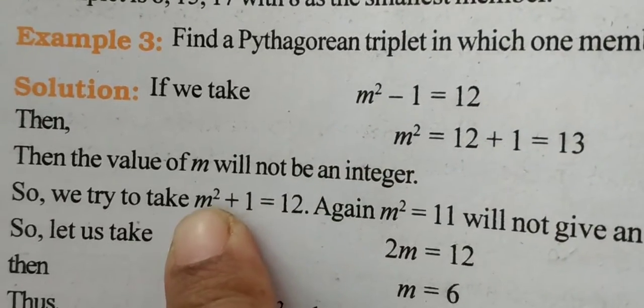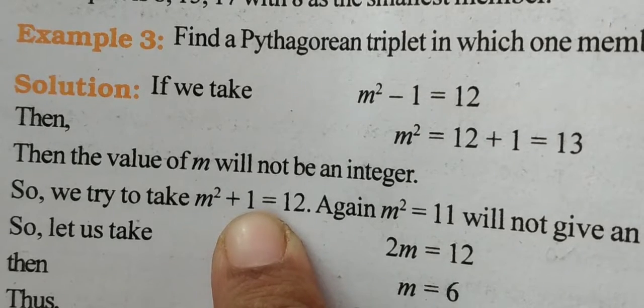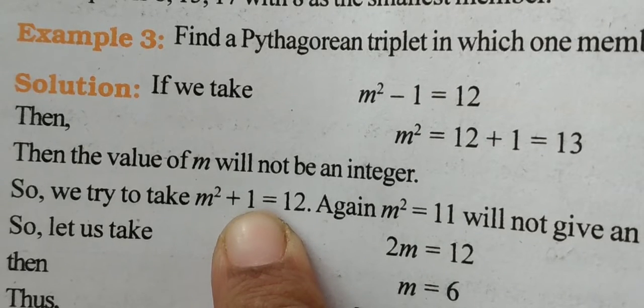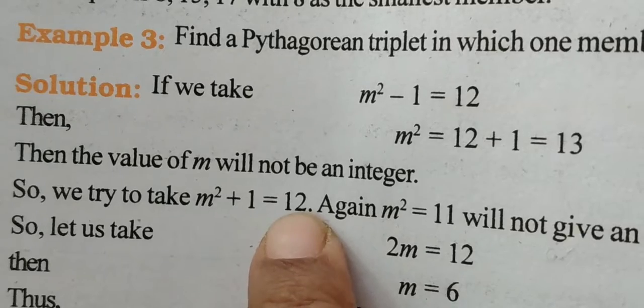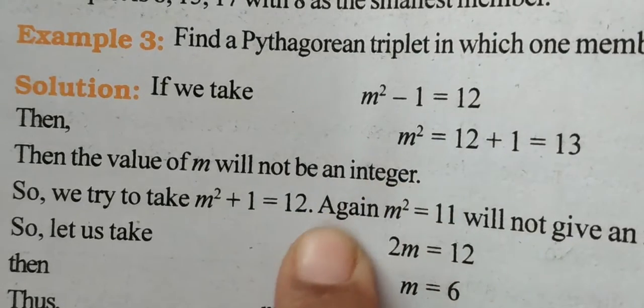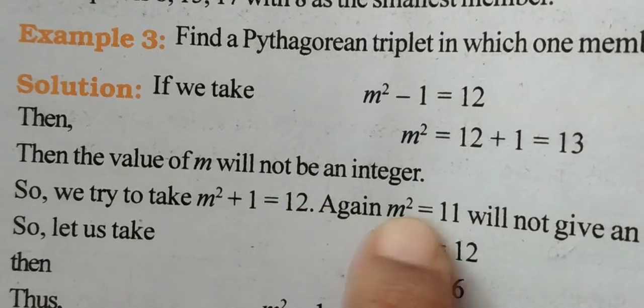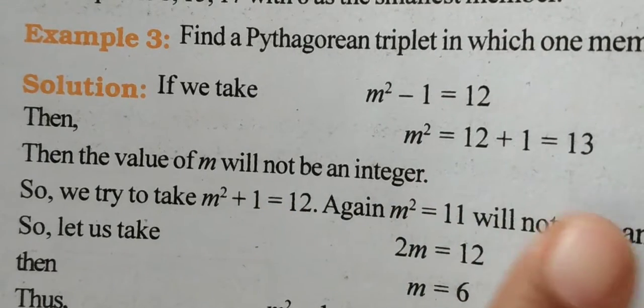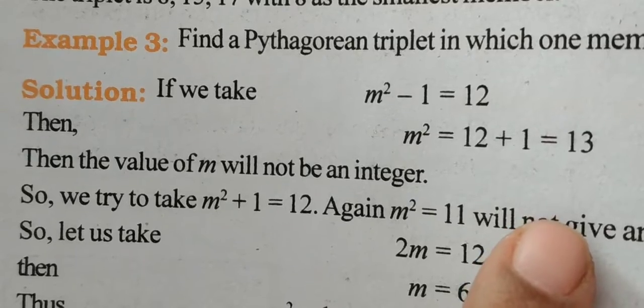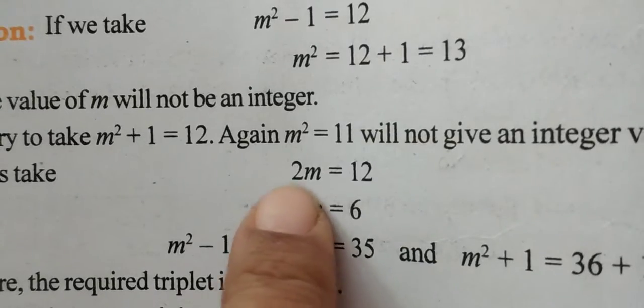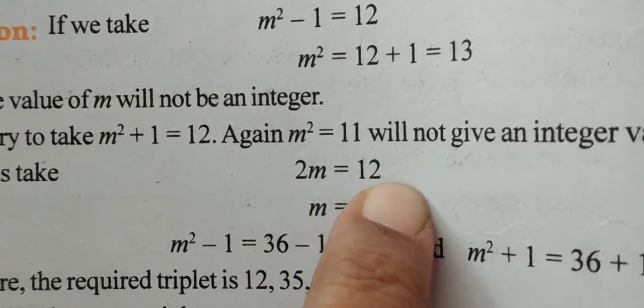So we go for m square plus 1. M square plus 1 is equal to 12. 1 you take on the other side. M square is equal to 12 minus 1, 11. Again you cannot find out its perfect square root. So we go on for 2m is equal to 12.